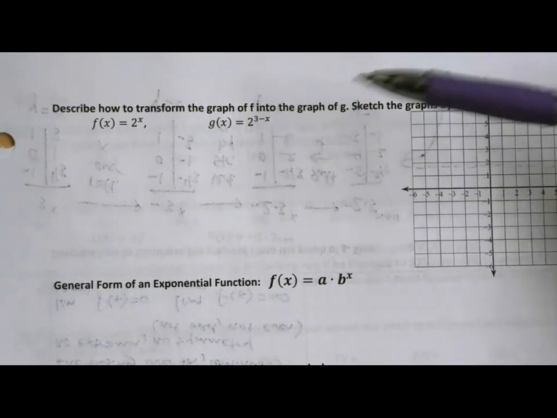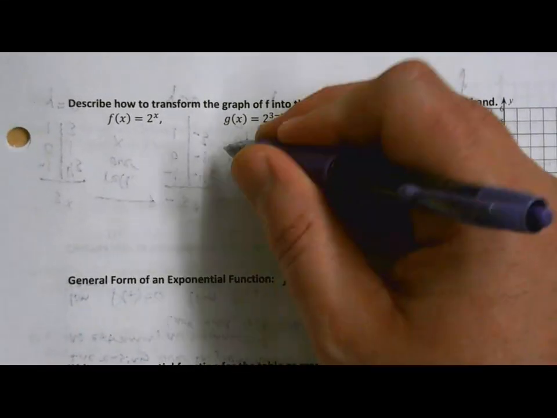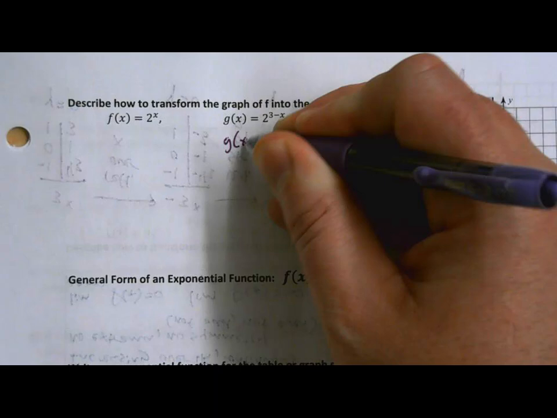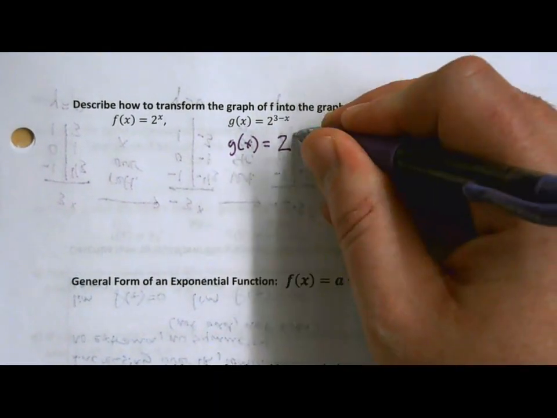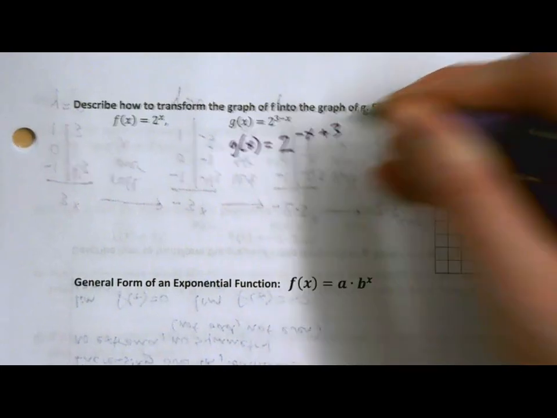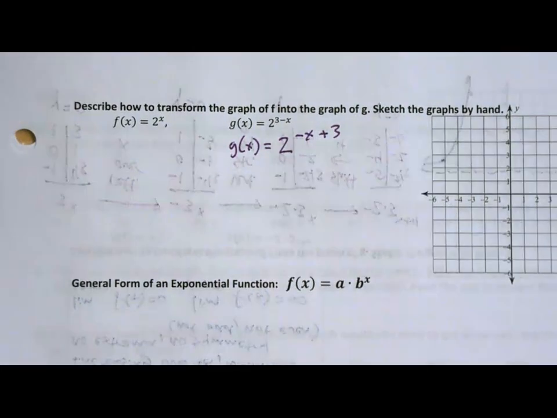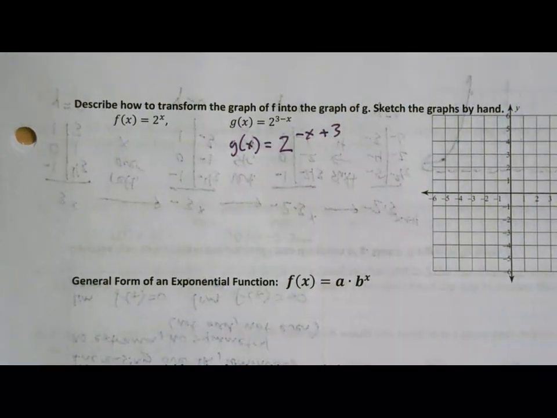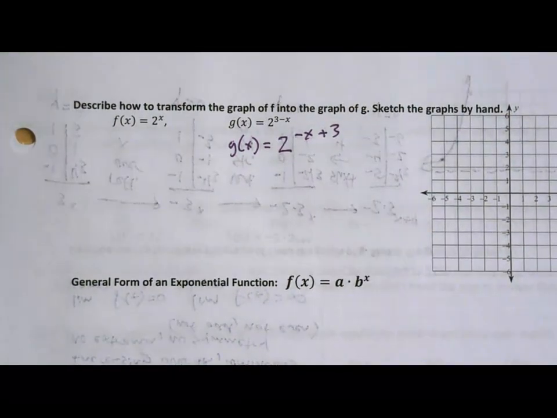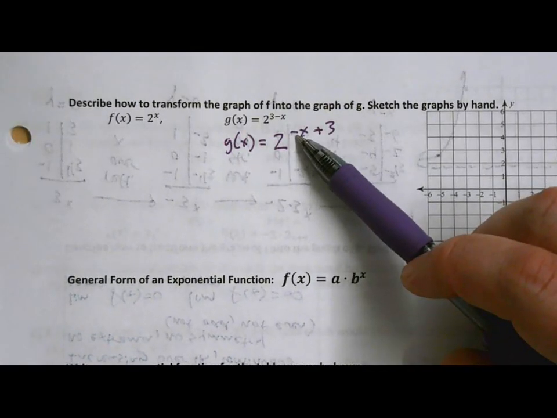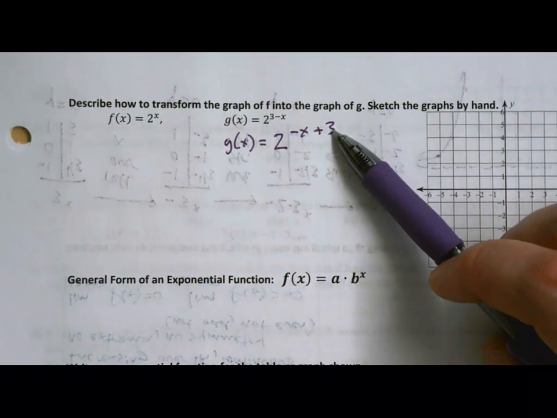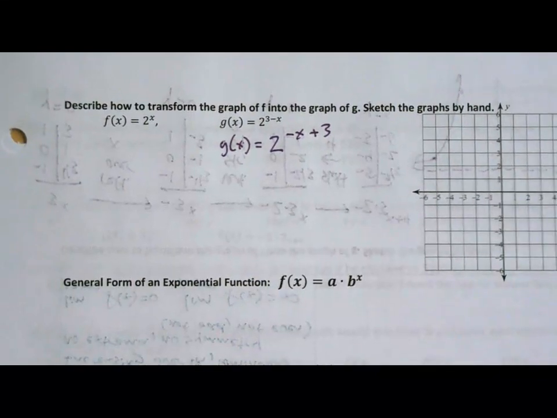If I were doing this problem, I would probably start by rewriting my function with the negative x and a plus 3 like that. That looks nicer to me. It's the same thing, right? When I look at this, I can tell that I've got a reflection over the y-axis and some kind of shift. In fact, those are the only two transformations, right?